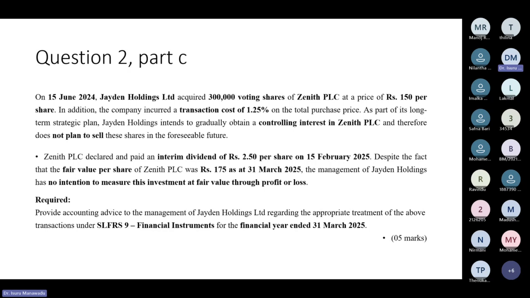For a short-term investment, if they intend to get short-term gains, the most applicable classification would be fair value through P&L, given the short-term profit motive. But in this case, they have a medium-term intention to get some controlling power of the respective company, Zenith PLC.